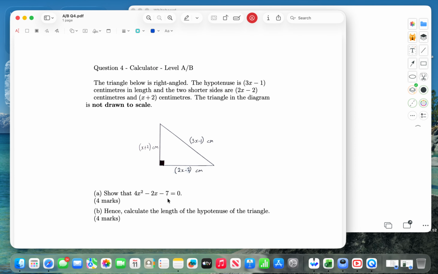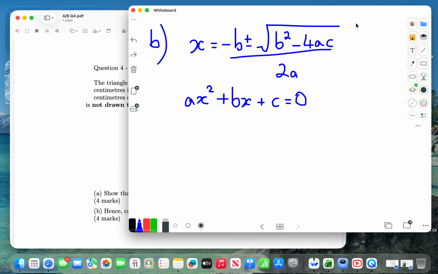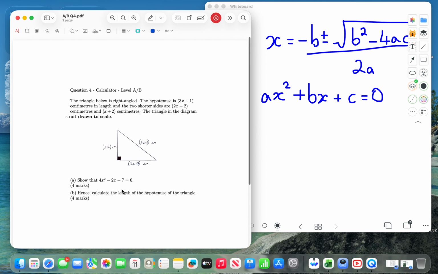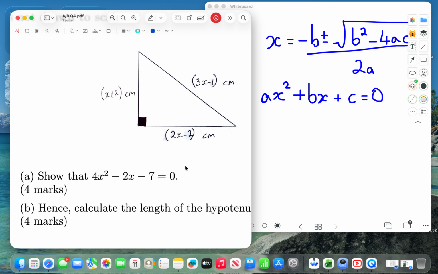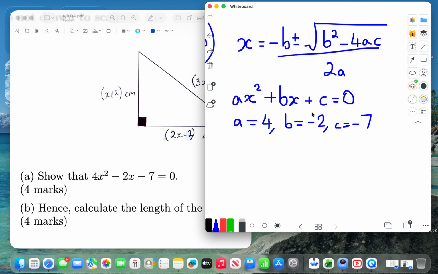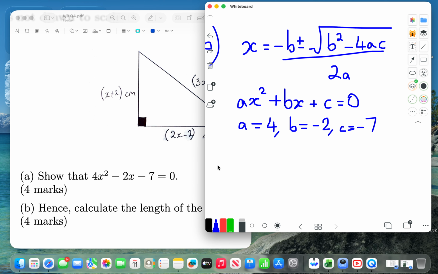Now a is going to be 4. If you compare these, you know a is 4, b is minus 2, and c is minus 7. So let's substitute into this formula.